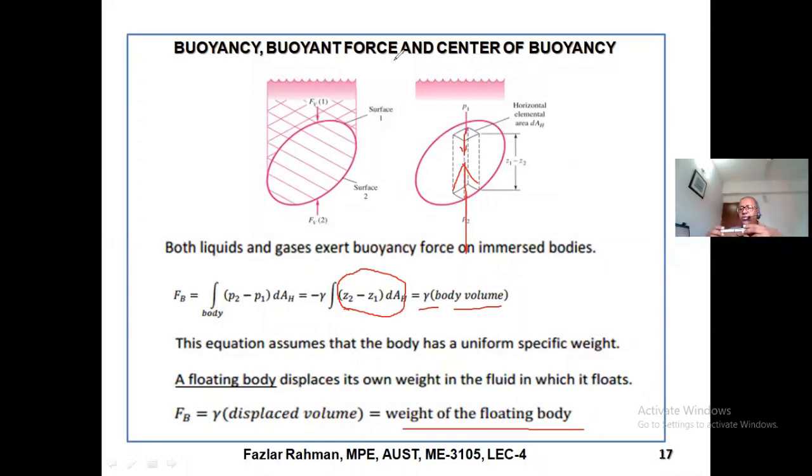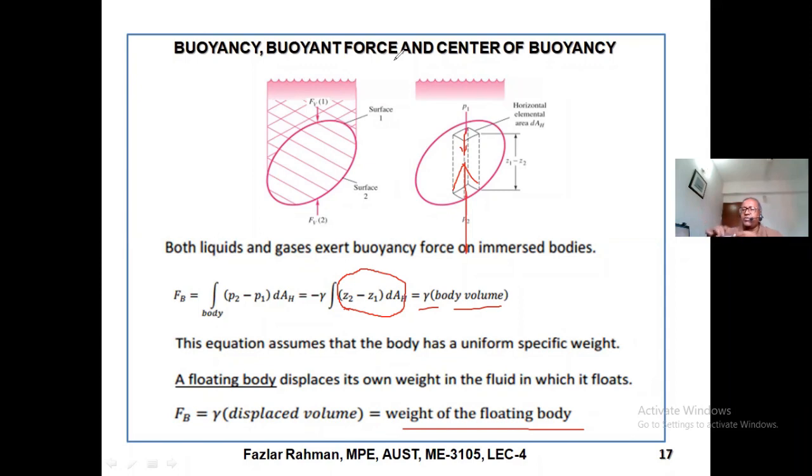You will get the weight of the fluid displaced by the pen. If that weight of fluid is less than the weight of the pen, then it will sink. But if your fluid is denser, say for example honey, then it will still sink, but slowly, because the fluid density is more.